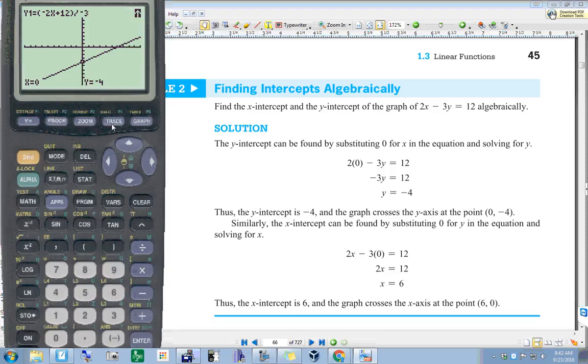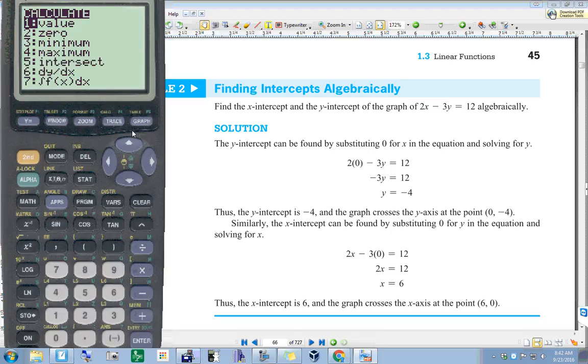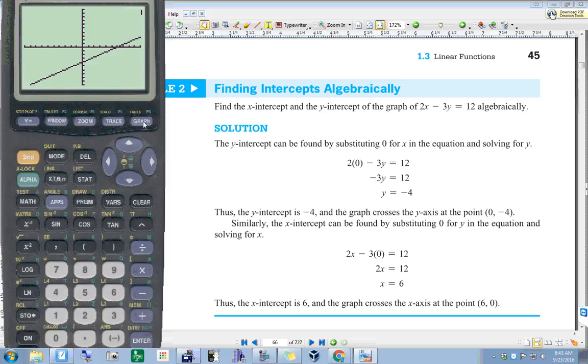Now, one of the other things that we can do with this, it's kind of a cheat, but I am going to do this. y is equal to 0. And I'm going to tell it to graph. And you're going to see absolutely nothing change.